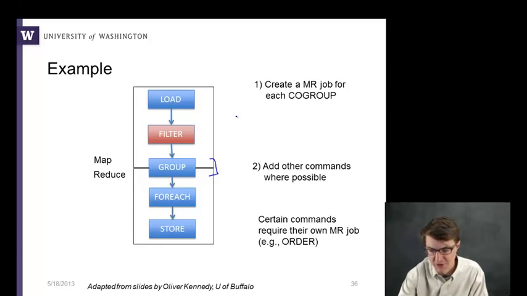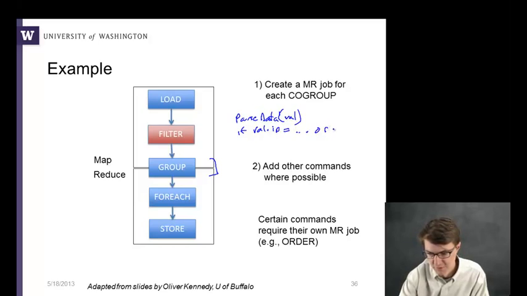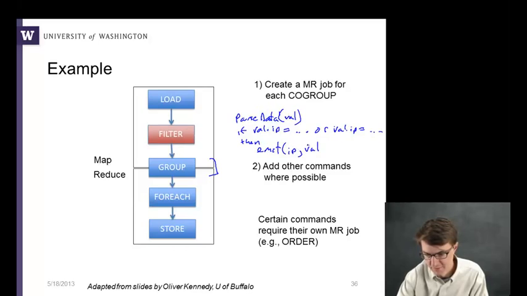as you process a value, it's going to say, parse the data, and then it's going to say if val.ip equals this, or val.ip equals this, then emit IP val, or val.ip val.